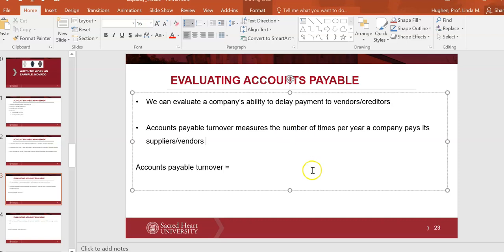And the accounts payable turnover is calculated as cost of goods sold, because most of our accounts payable arise from the purchases of the company's raw materials or inventory if it's a merchandiser buying finished goods. Cost of goods sold divided by average accounts payable.